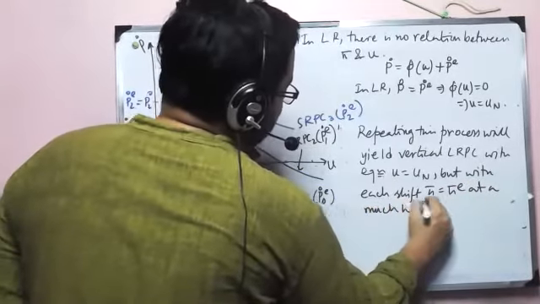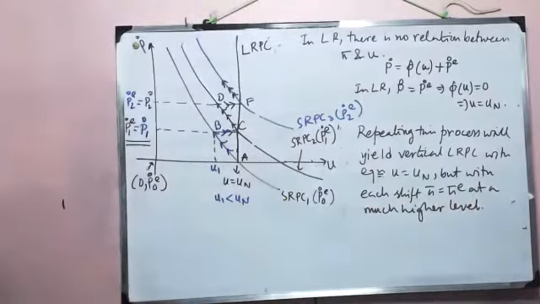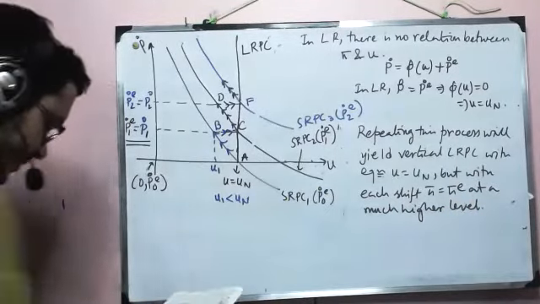So it's P dot, that means pi, right? So pi equal to pi e at a much higher level.